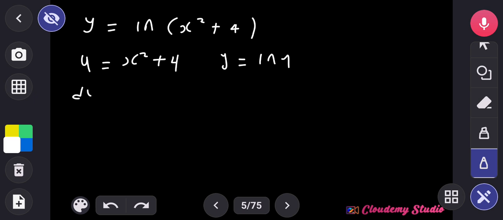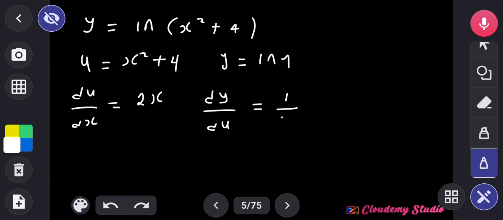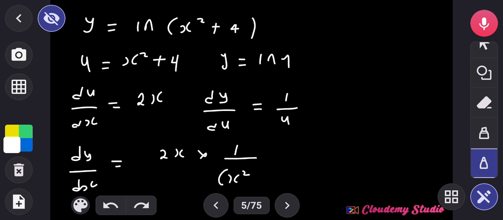Therefore, our du upon dx is going to be equal to 2x, and our dy upon du is going to be equal to 1 over u. So same thing what we have been doing. We're just going to say that our dy over dx is going to be 2x multiplied by 1 over u, which is 1 over x squared plus 4, right? And that's equal to 2x divided by x squared plus 4. That is our answer for this particular question. So as simple as that.